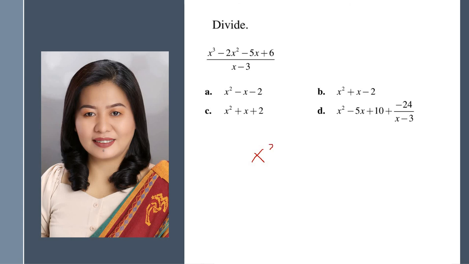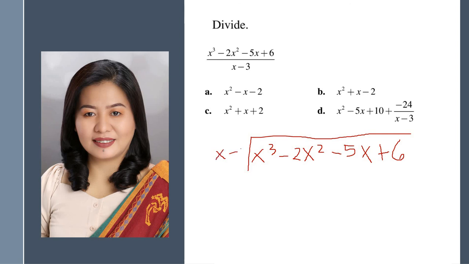So x cubed minus 2x squared minus 5x plus 6, and we divide it by our denominator, which is x minus 3.